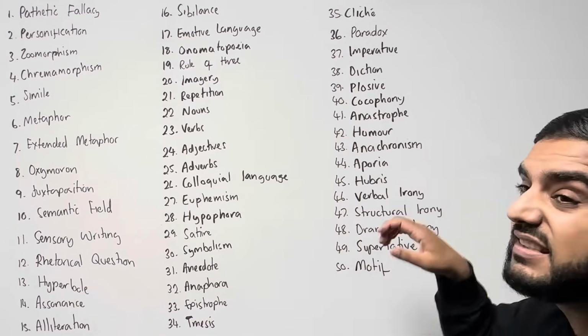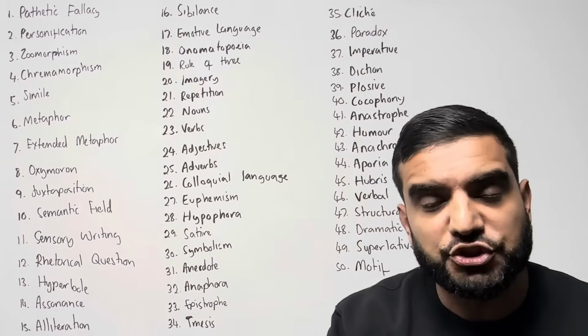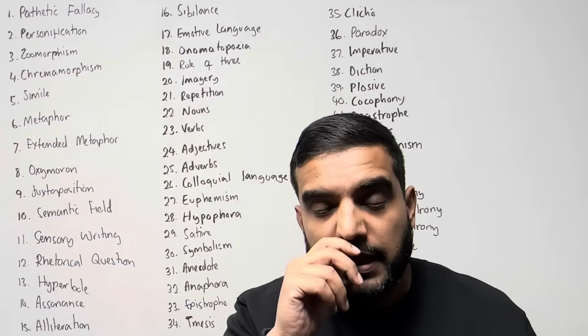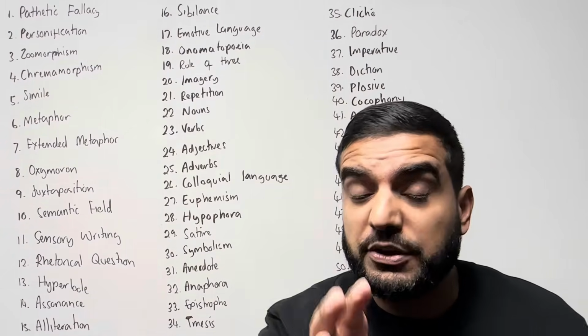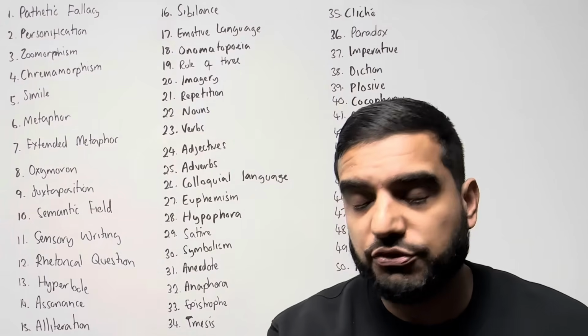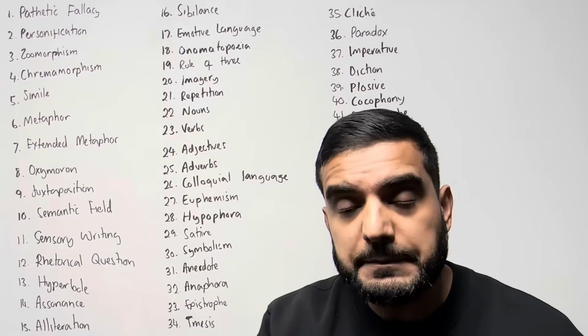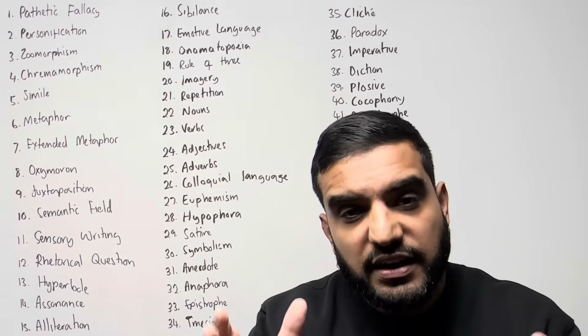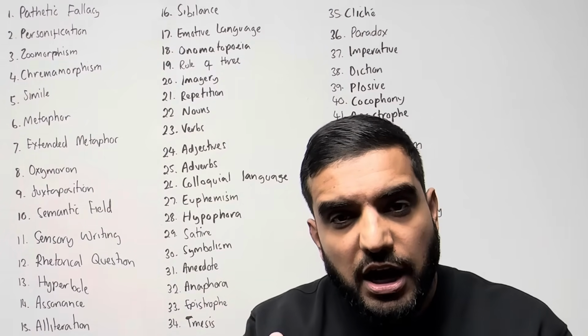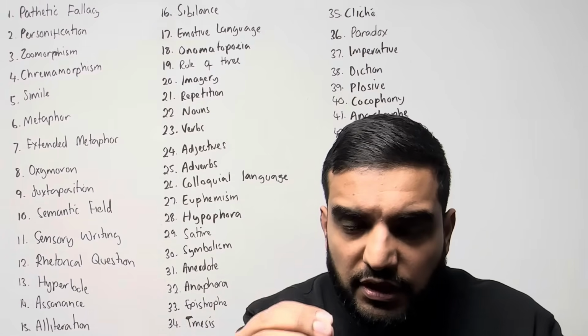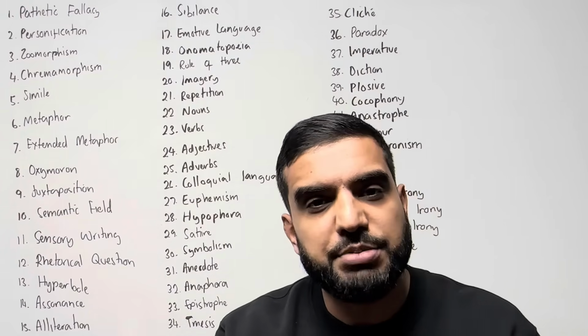Anachronism. Guys, this is the time machine of language. So you can argue An Inspector Calls is this. Anachronism is when some small signs in the text don't match the time period.